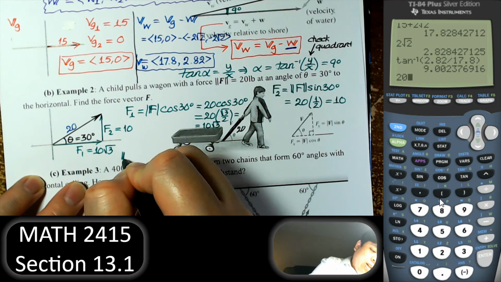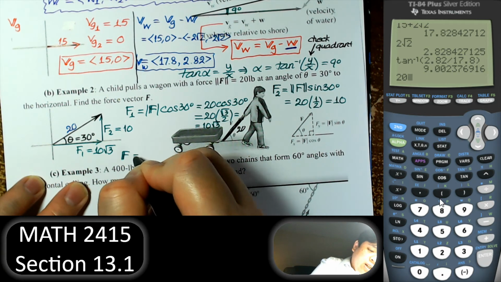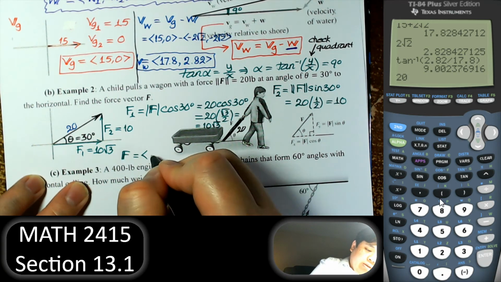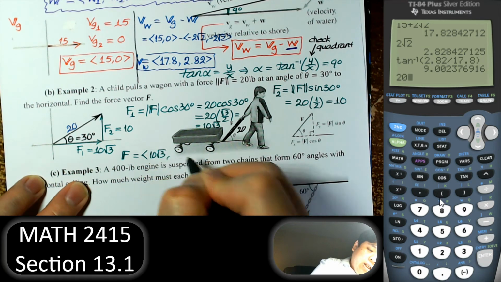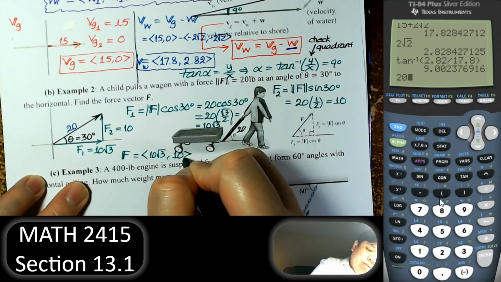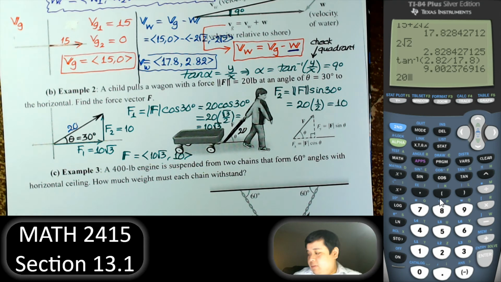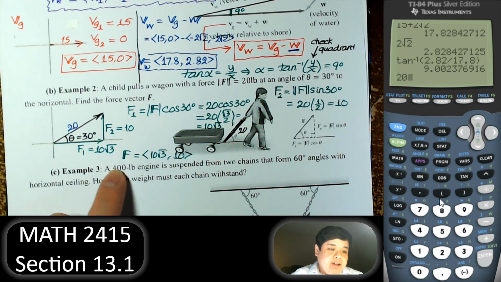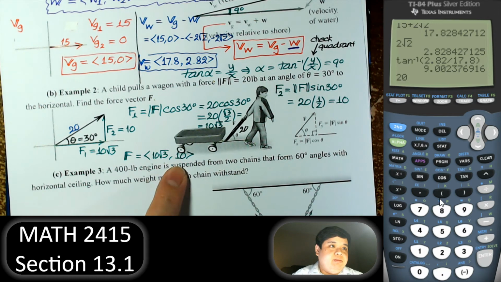Or we say the vector F, both of them, first component 10 square root of 3, and then 10. So the force F is given in vector form like that.